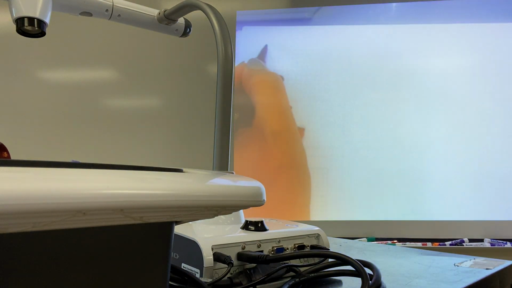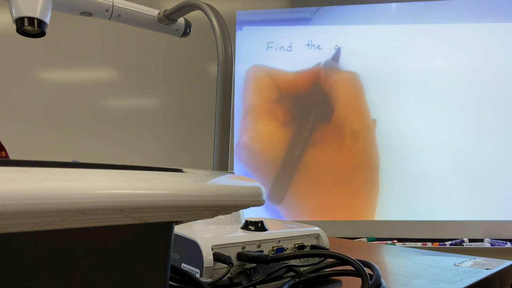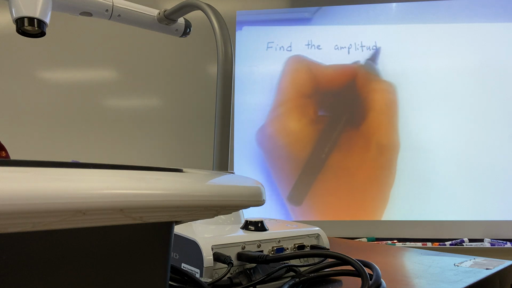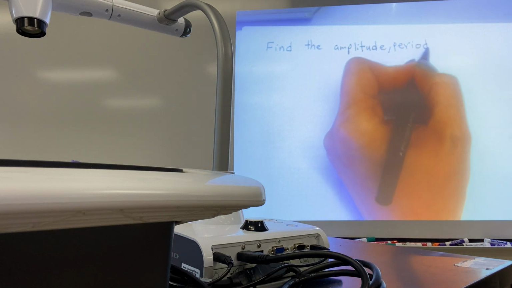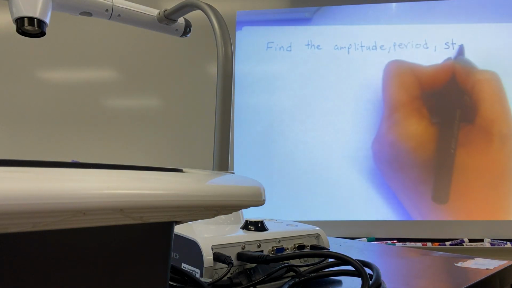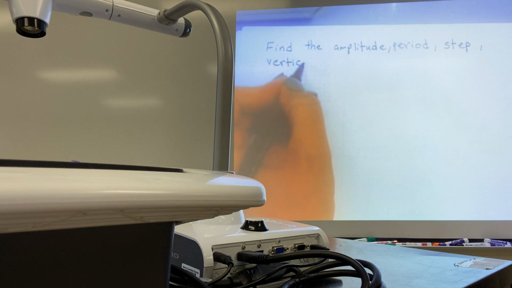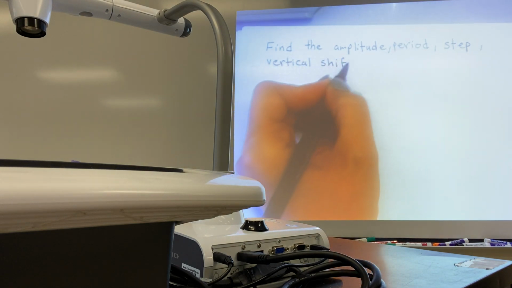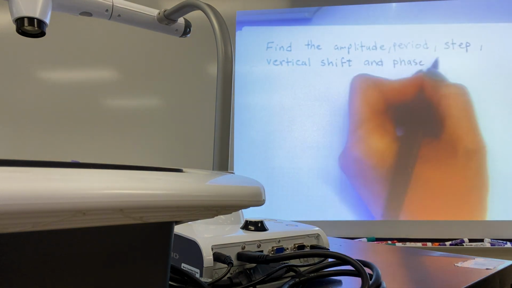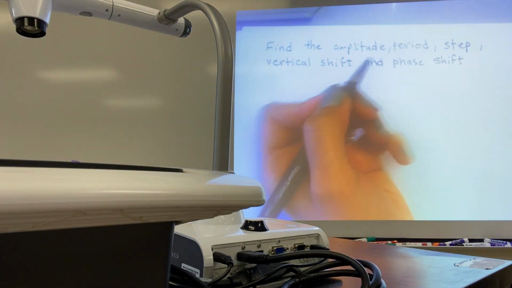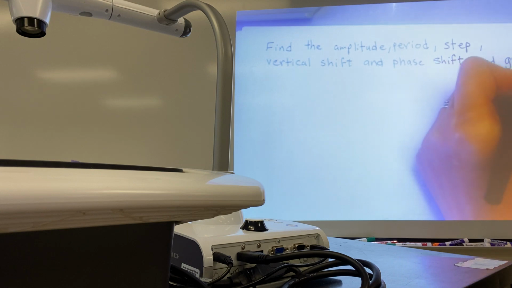They are telling me to find everything: the amplitude, period, step, vertical shift, and phase shift, then graph. Okay?